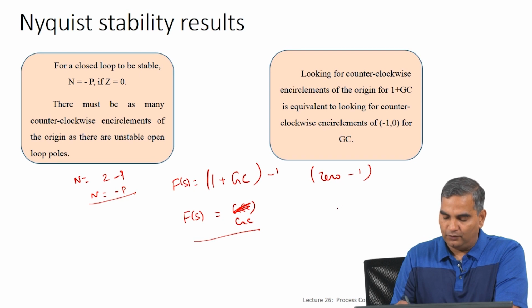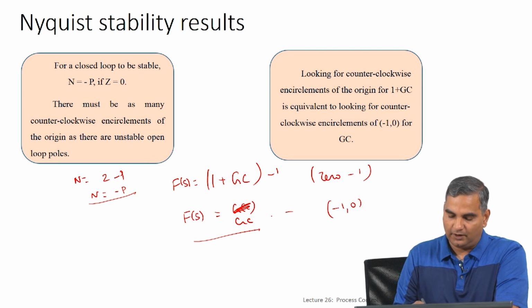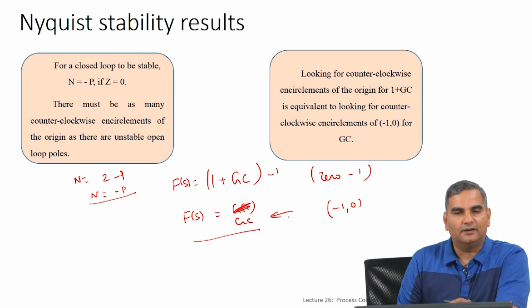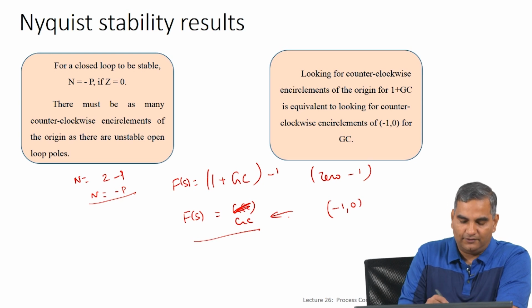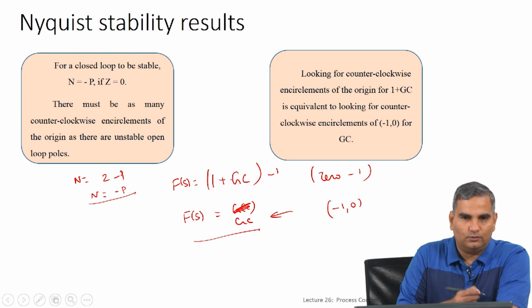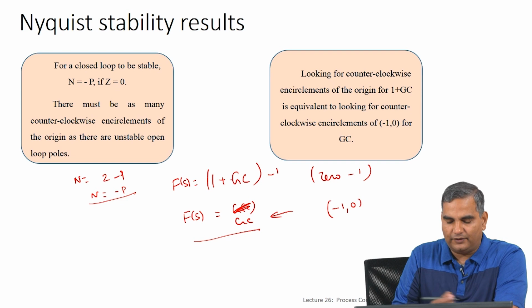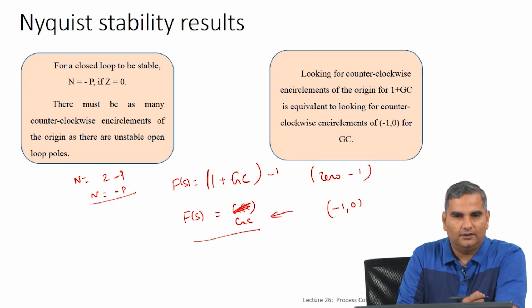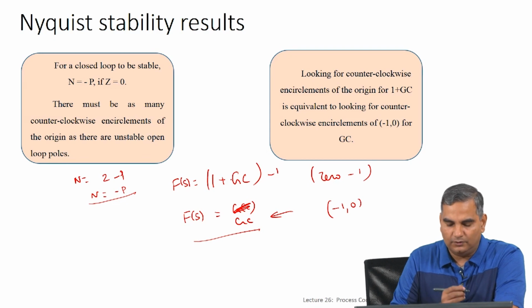So, I have to look for encirclements around minus 1 and 0 in GC plot. Okay. So, till now we have just been talking about looking at encirclements around origin, because f of s we were considering as 1 plus GC, but for sake of convenience what people do is they do this Nyquist plots not for 1 plus GC, but for GC.